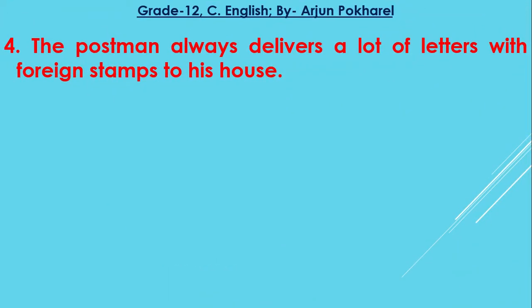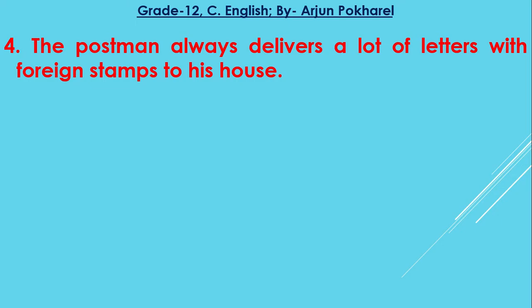The postman always delivers a lot of letters with foreign stamps to his house. Let's see what you can guess now. What kind of general impression do you have of that person? There is a postman who almost always comes to his home with letters with foreign stamps.